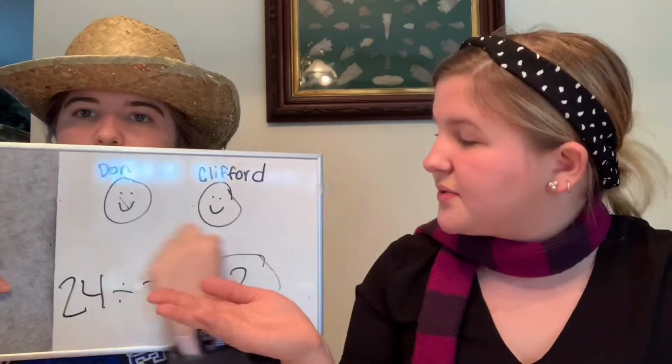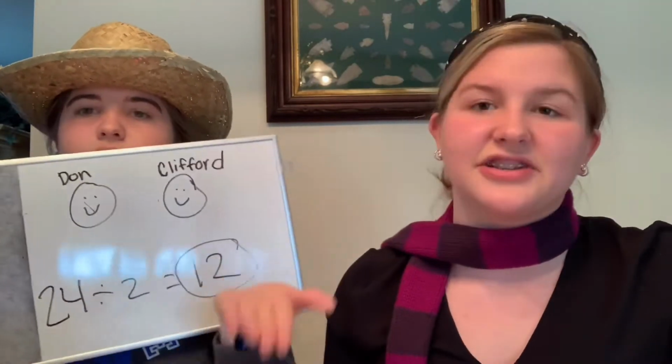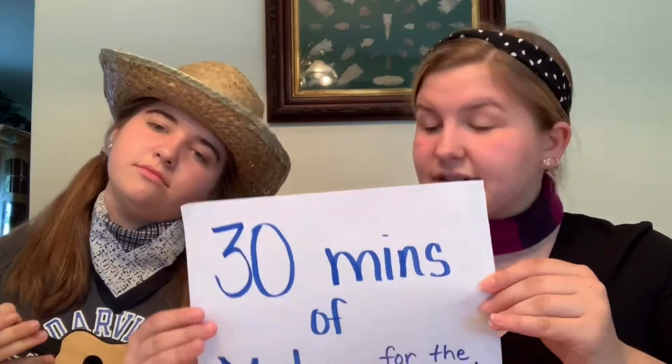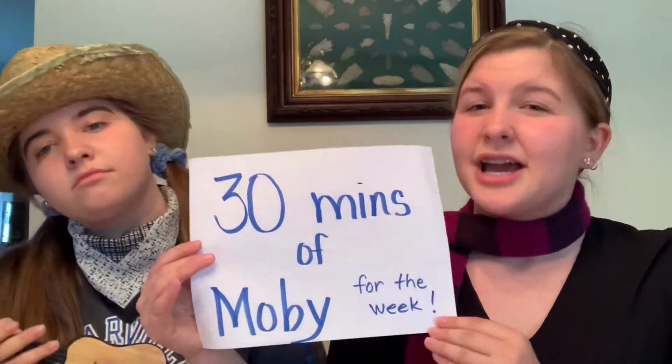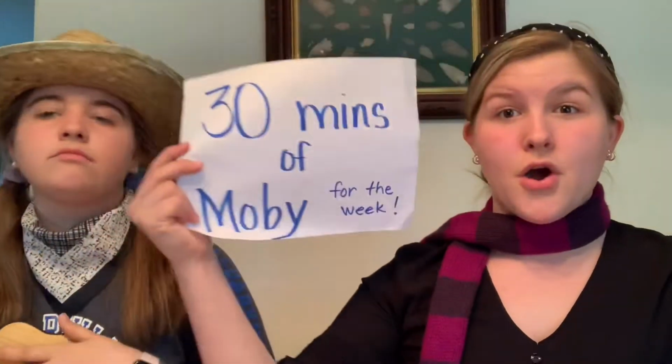So you're going to do this division model. Remember this week you need to have 30 minutes of Moby Max. Math Moby Max, just what we just did. 30 minutes. This has been Math Class with Miss Brown and Miss Mary Beth.